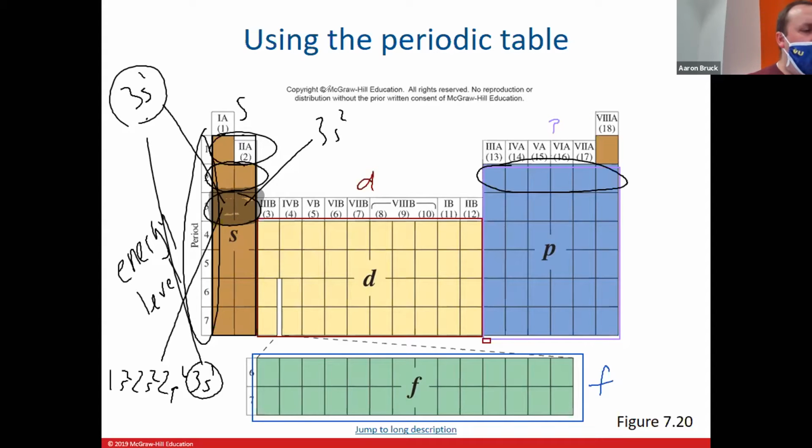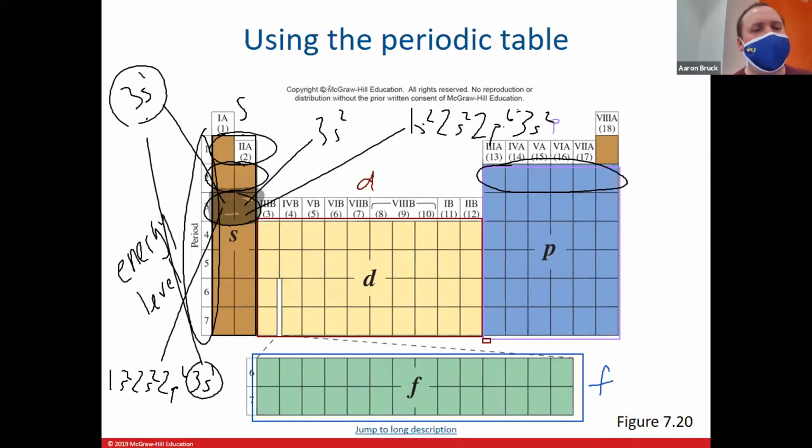If I look at magnesium, magnesium's configuration would have been 1s2, 2s2, 2p6, 3s2. And it comes from the same ideas. Starting here at the top, I have 1s. There are 2 blocks in that 1s area.